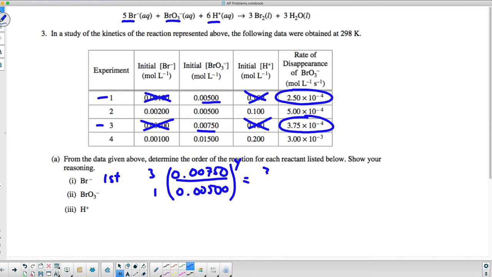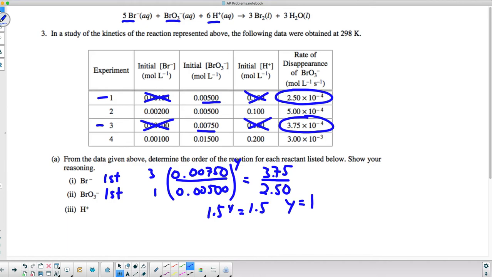And the rate looks like it's 3.75 divided by 2.50. So that would be the rate 3 over rate 1. When I divide these two, notice that I get 1.5 to the y equals, and then this one again is going to be another 1.5. That means that y equals 1, first order. So far, 2 out of 3 are first order. Okay?